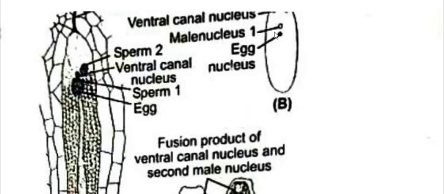This is a diagram to show only the nuclei. This is the second male nucleus. This is the first male nucleus. The first male nucleus will unite with the egg nucleus, and the second male nucleus will unite with the ventral canal nucleus.